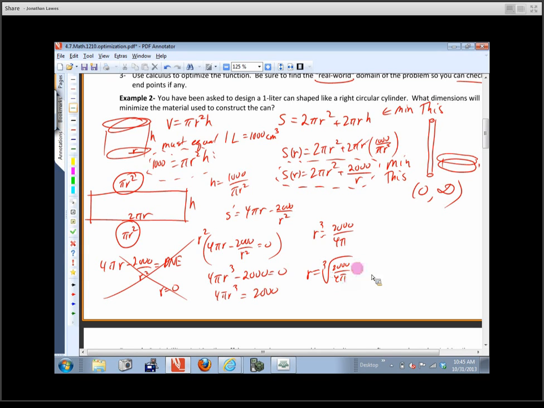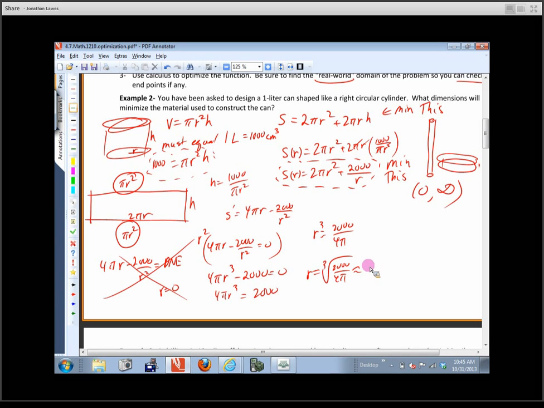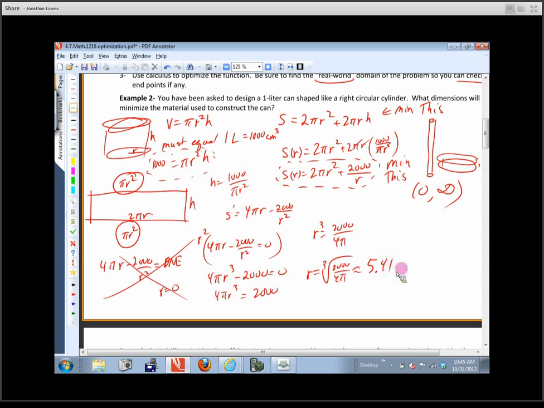Okay, so if you would throw that into your calculator, let's get a decimal approximation for that. What do we got? 5.41. Okay, so 5.41 something or other, and that's in centimeters.